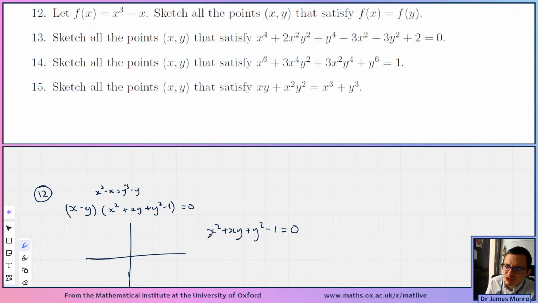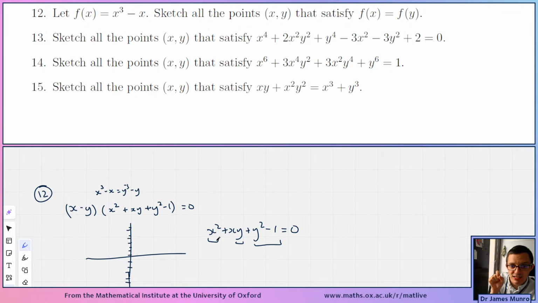So this is the x squared term, and then there's an x term, and then there's a constant on the end. So for different values of y, we get different quadratics, which might or might not have any solutions. So that's one way in, to think of this as a quadratic equation for x.